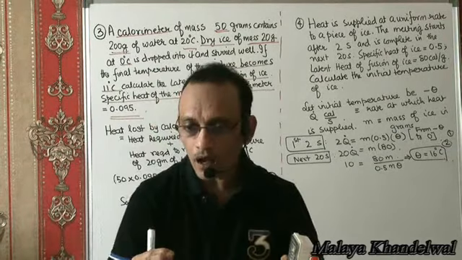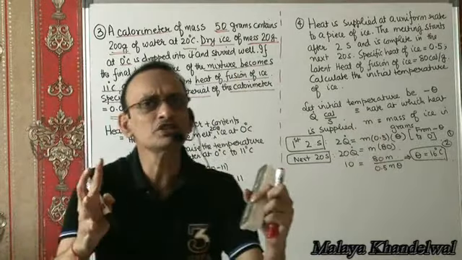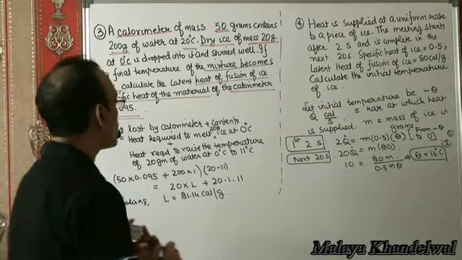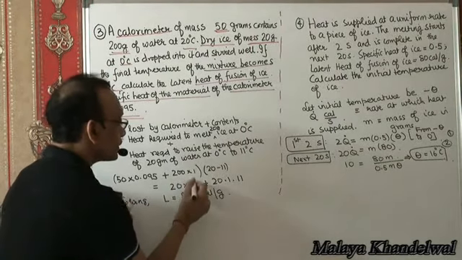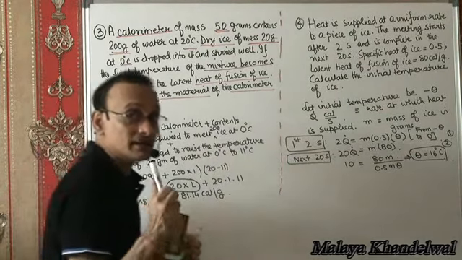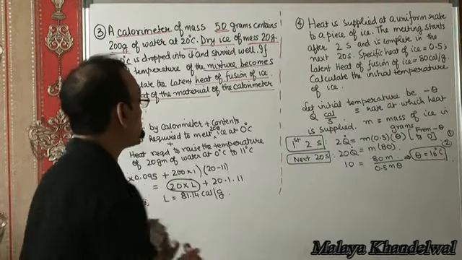So the ice that was of a certain mass, 20 grams, how much heat has it gained in the process? One, of course, 20 mass into latent heat, right? That's the heat required to convert ice to water at 0 degrees centigrade.